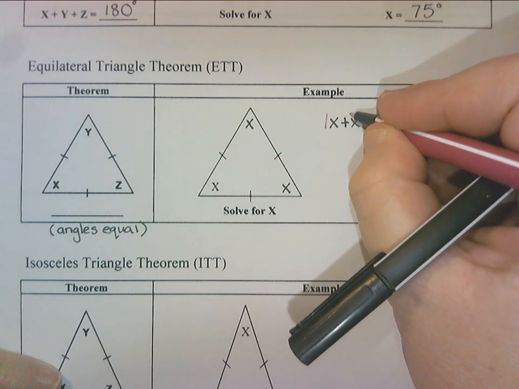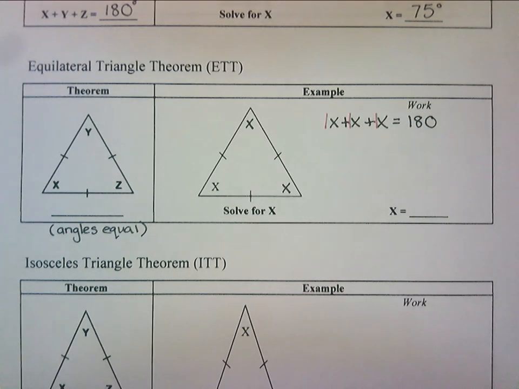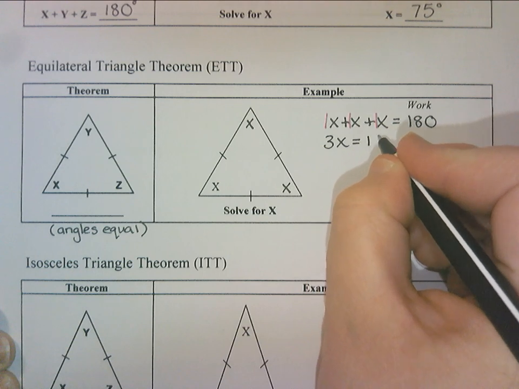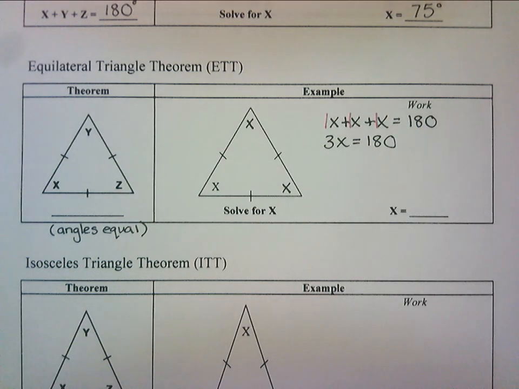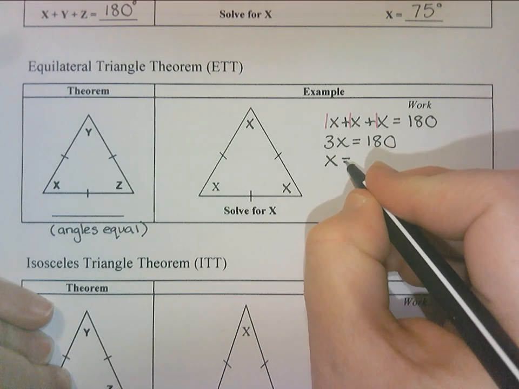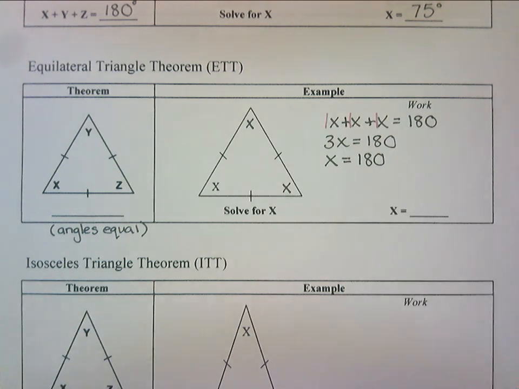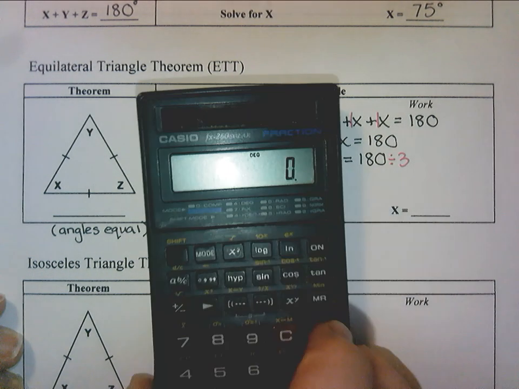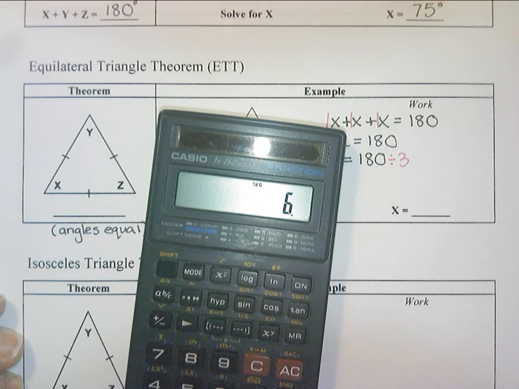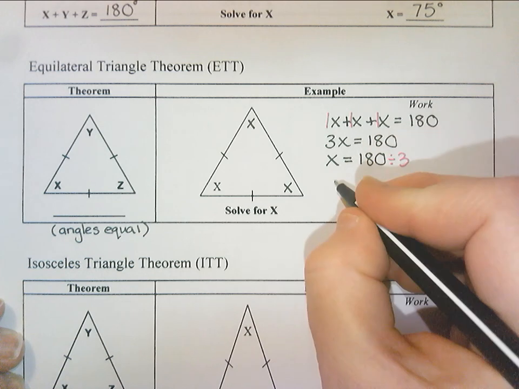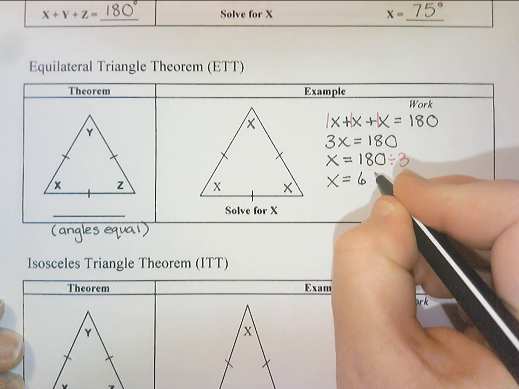So 1x plus 1x plus 1x will give me 3x, which equals 180 degrees. And then to solve for just x, we are going to undo that multiply by 3 by dividing the other side by 3. 180 divided by 3 is 60 degrees. So x is 60 degrees.